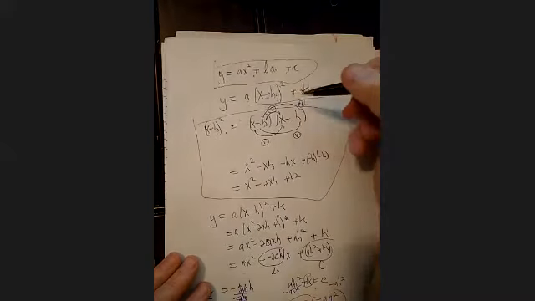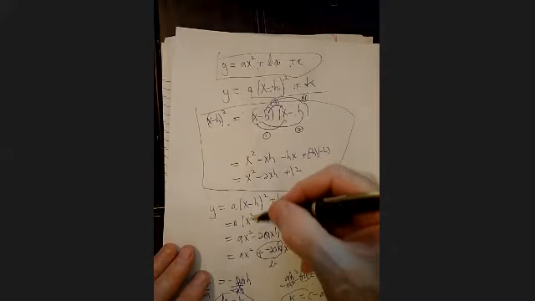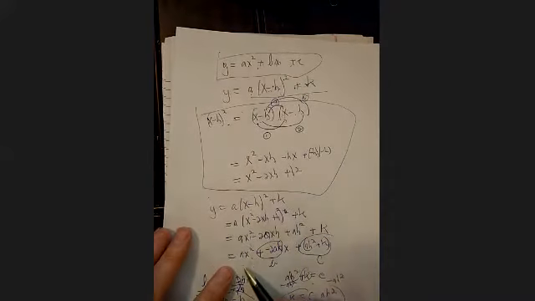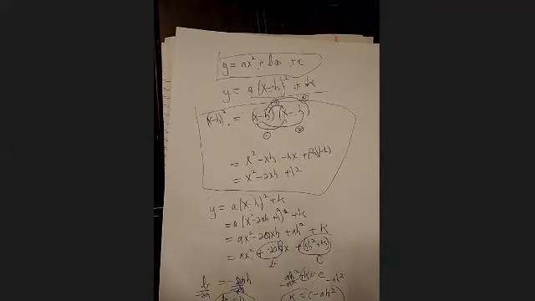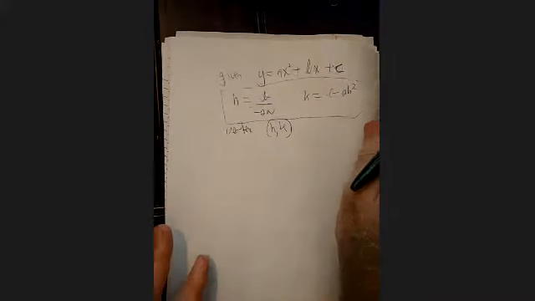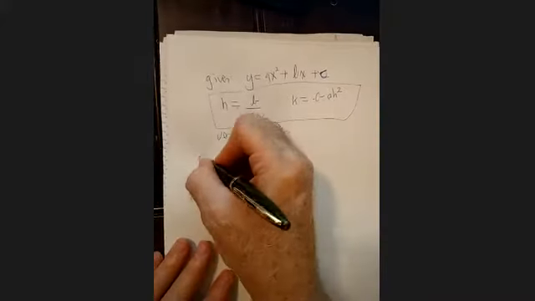And remember, what I did is I started with this, I squared this out, I figured out what a, b, and c were in the new version, and then I was able to solve for those. Okay, so here's my example. This is really what matters.